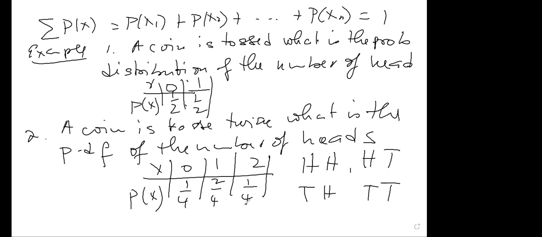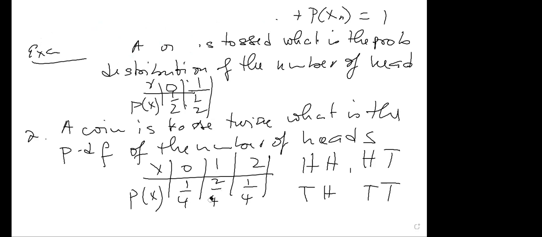So this is a probability distribution. You will observe that each of the numbers for the probability is between 0 and 1, and the sum of the probabilities is 1.